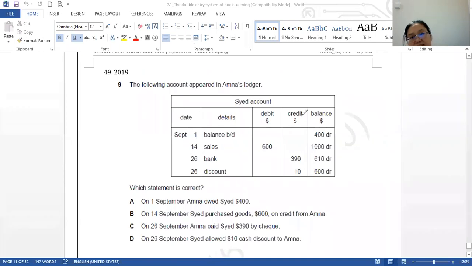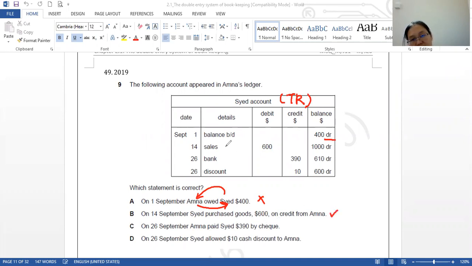Okay, repeated question again. So this one, Cheng, is debit, so that means this is a trade receivable. On 1st September, Anna owed Cheng. So this one should be the other way, so this one is wrong. On 14th September, Cheng purchased goods 600 on credit from Anna.